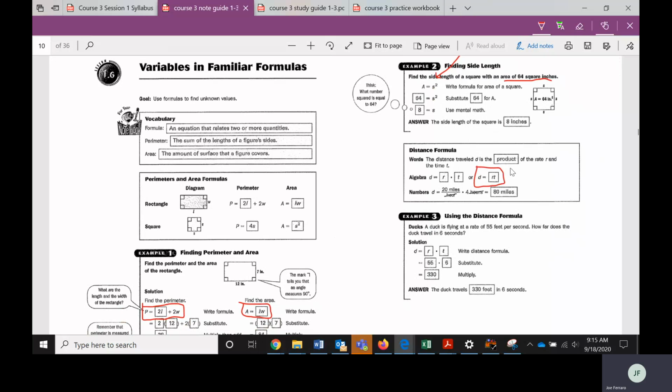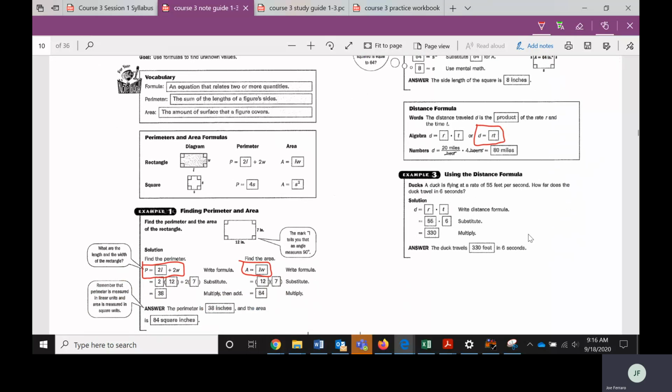The units of the distance are based on what your rate is in. A lot of times the rate would be miles per hour. That means the time would be in hours and the distance would be in miles, because your rate is miles per hour. Let's take a look at a problem.